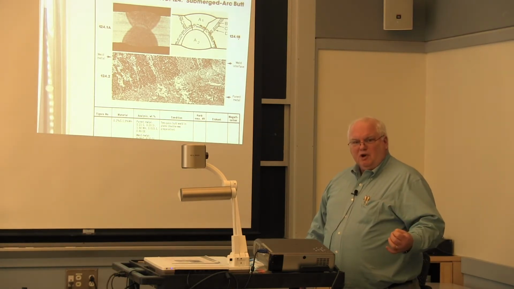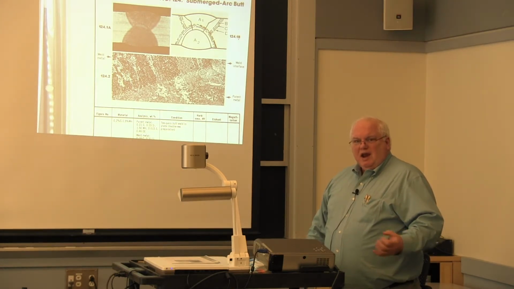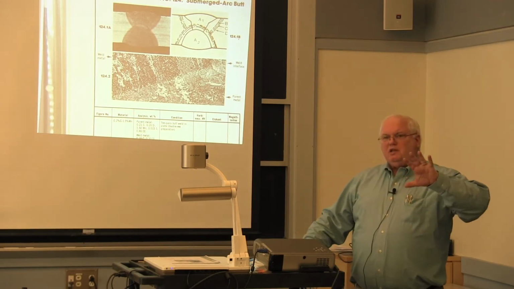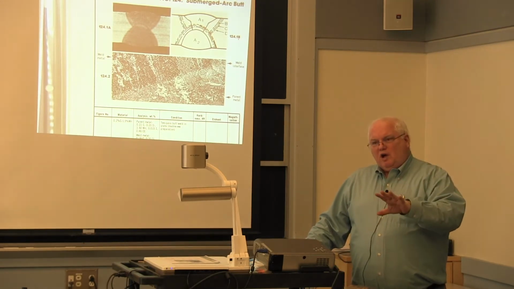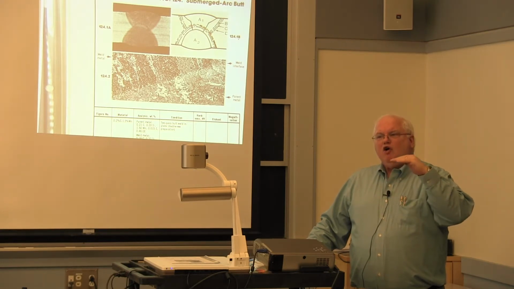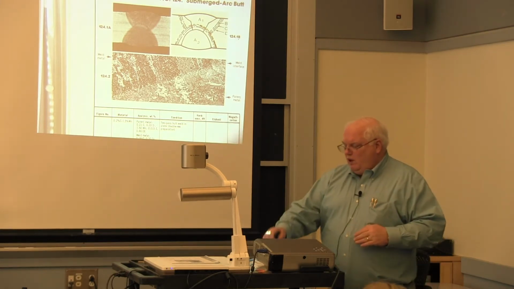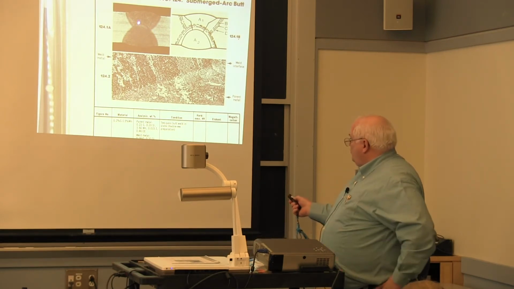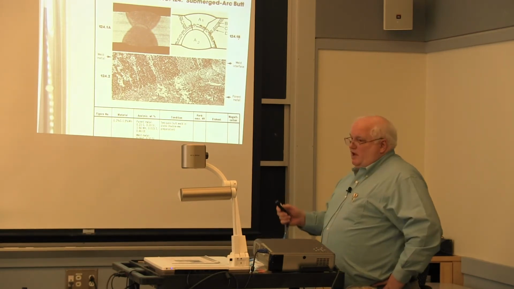I don't need as much carbon to give me strength. And I can match the strength of the base metal to the weld metal and get slightly overmatching strength. I want slightly higher strength in the weld metal than the base metal.